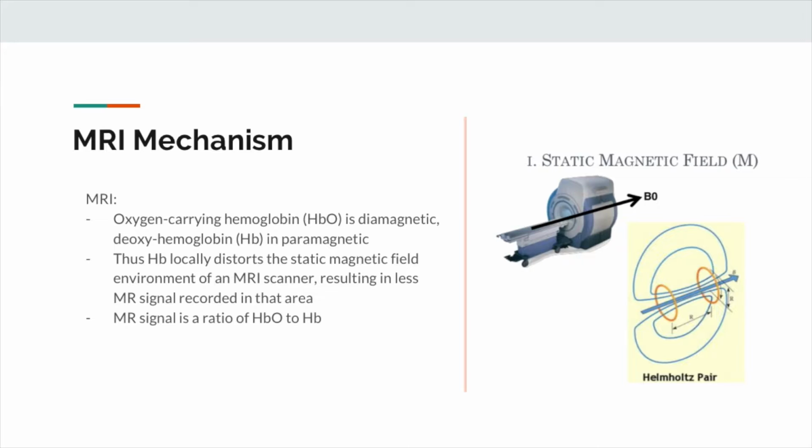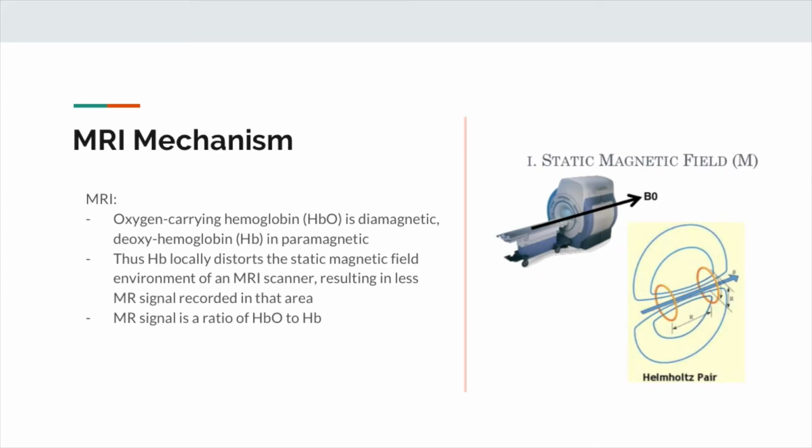Now, the way this works in MRI is you have a static magnetic field being driven through the MRI tube. The oxygen-carrying hemoglobin, abbreviated HbO, is diamagnetic, whereas deoxygenated hemoglobin, hemoglobin that's had that oxygen pop off, is paramagnetic.